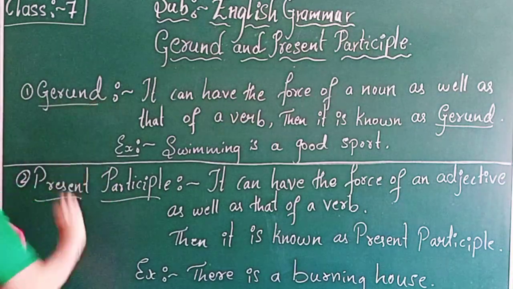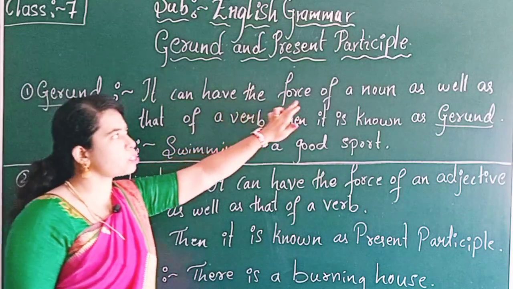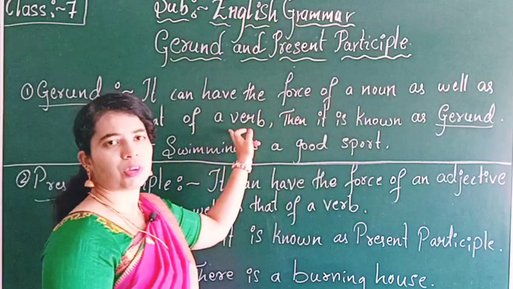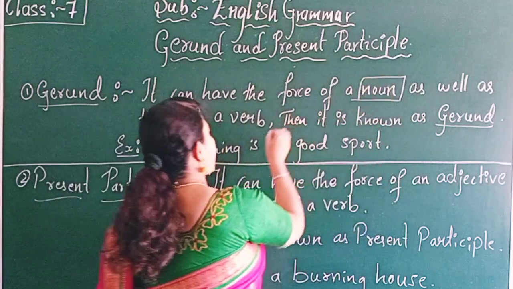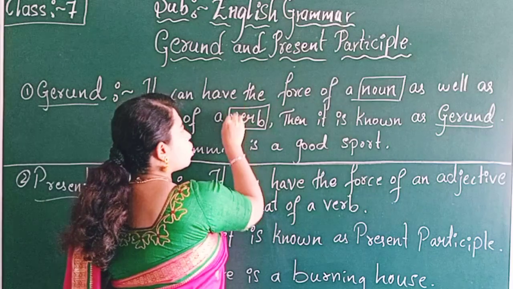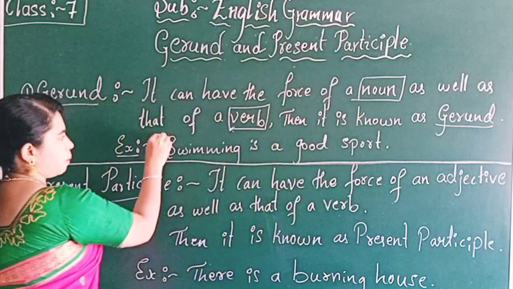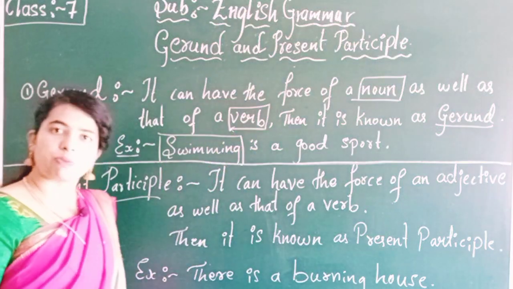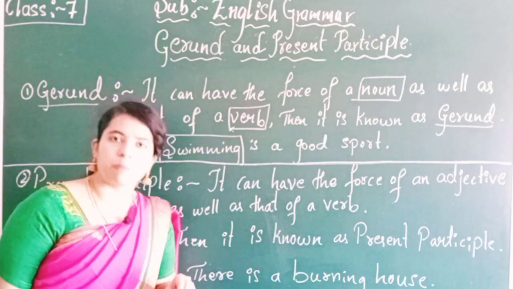First is the gerund. It can have the force of a noun as well as the force of a verb. Then it is known as gerund. For example, swimming is a good sport. Swimming is both a noun and a verb.